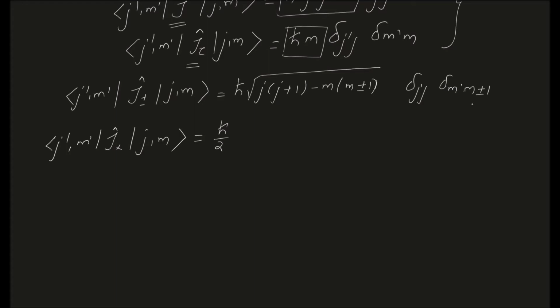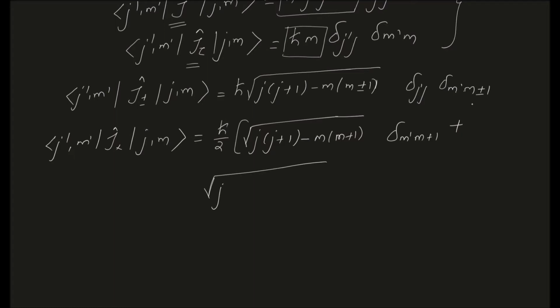This is equal to h cross by 2 into square root of j into j plus 1 minus m into m plus 1, then we have delta m' m plus 1, plus there is another term which is given by square root of j into j plus 1 minus m into m minus 1, then delta m' m minus 1, then we have delta j' j.